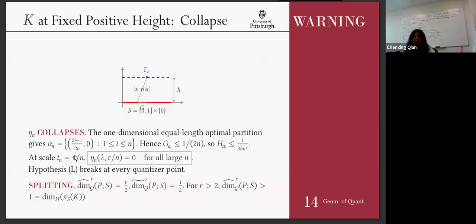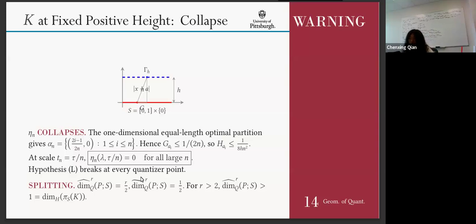So this says that the lower asymptotics doesn't hold as 1. And precisely, we can calculate that the quantization dimension in this case is 1/2. So it's no longer equal to 1 anymore.